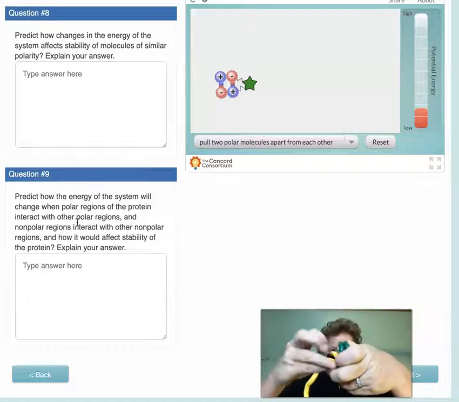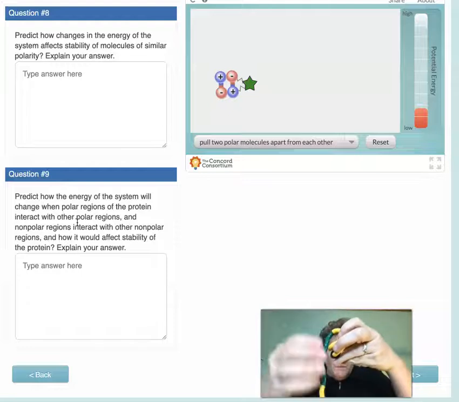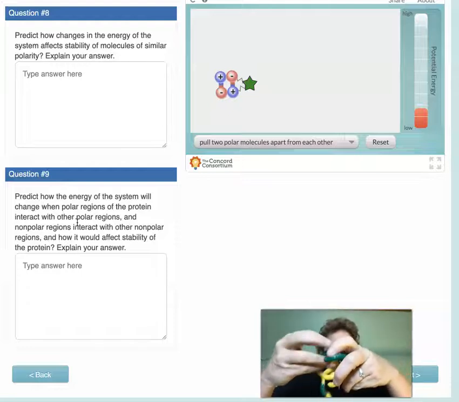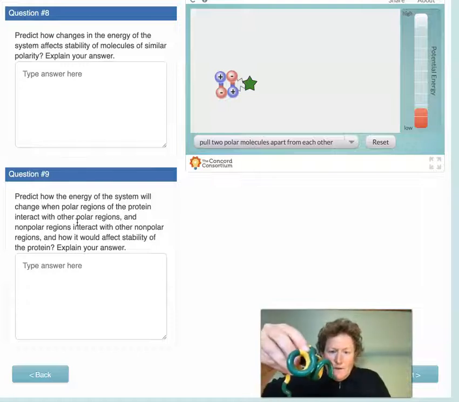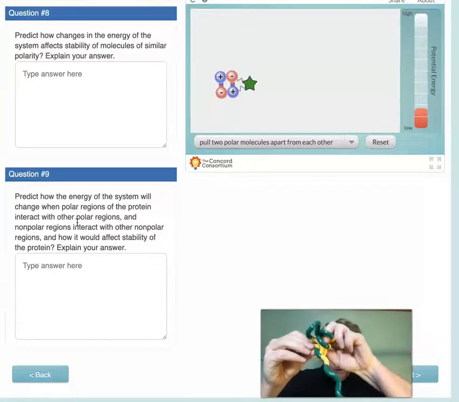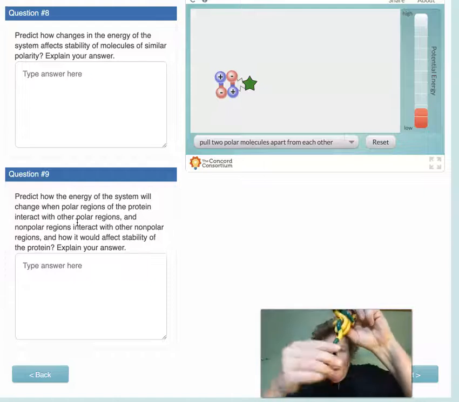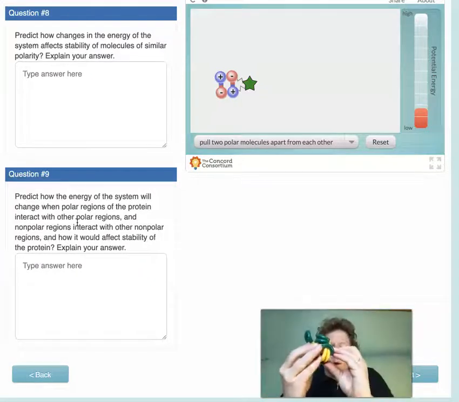The yellow non-polar amino acids here are going to get shoved into the middle. Those green amino acids that are polar want to interact with water and each other, so they're going to come to the outside. Those non-polars are going to get shoved to the inside. The green polars are going to want to interact with each other and with water.